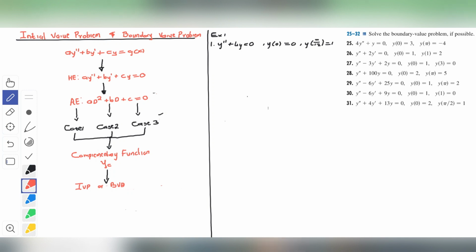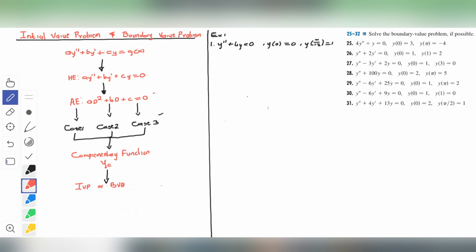The question says solve the boundary value problem given y double prime plus 4y is equal to 0, and then we have the two values, and we can see that we don't have the derivative at those two points. So you can tell it's a boundary value problem, and this one is easy because you don't have to derive.